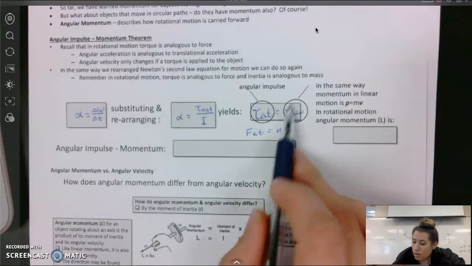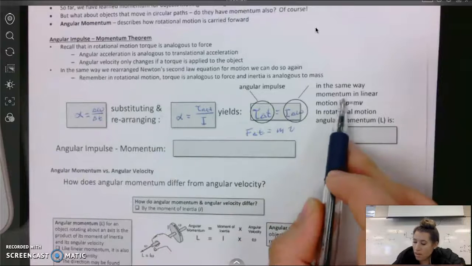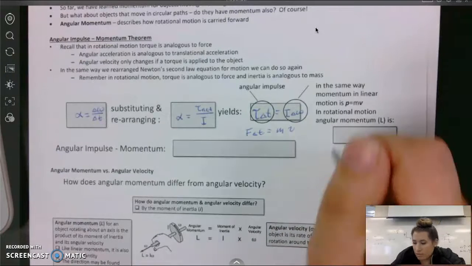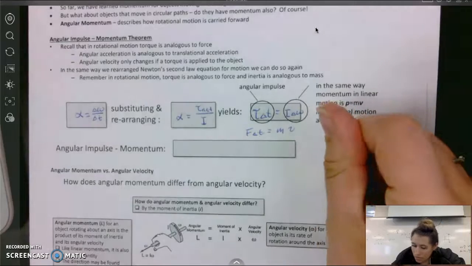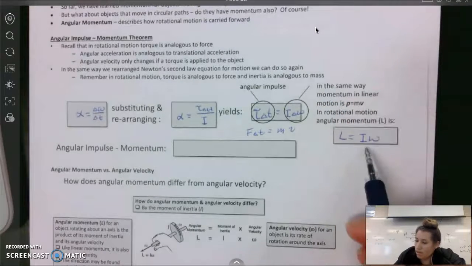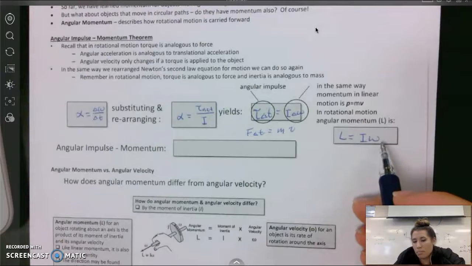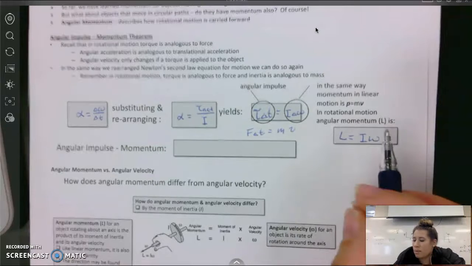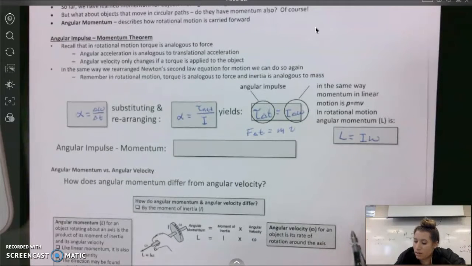So that's our momentum, and it's an angular momentum, which we represent with the letter L. Okay. So moment of inertia multiplied by the angular velocity.